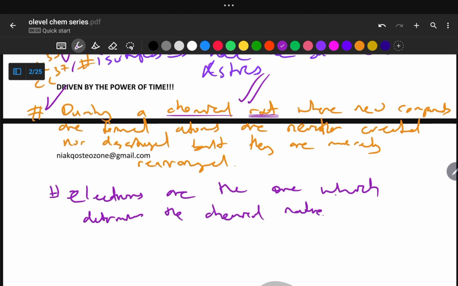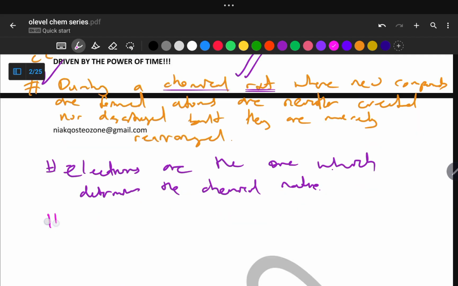Electrons determine the chemical nature. So we need to understand what is meant by the term electronic configuration. We've discussed this term before. Electronic configuration is defined as the arrangement of electrons in their electron shells. In our series, I taught you how to write the electronic configuration.